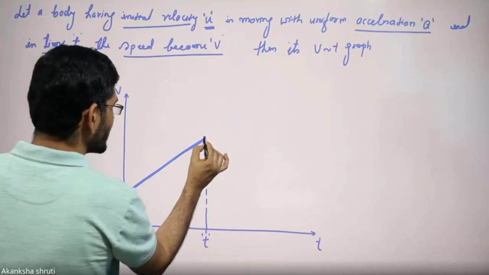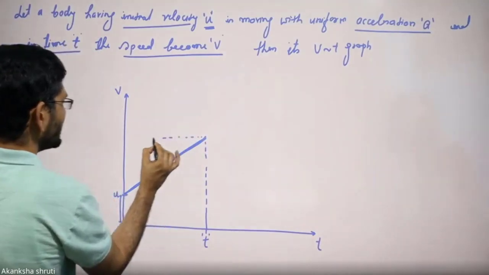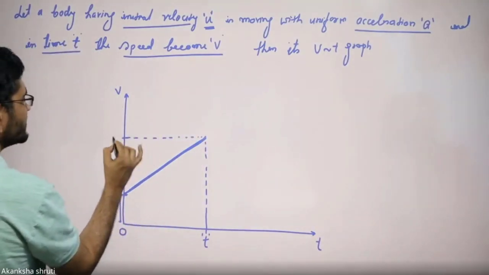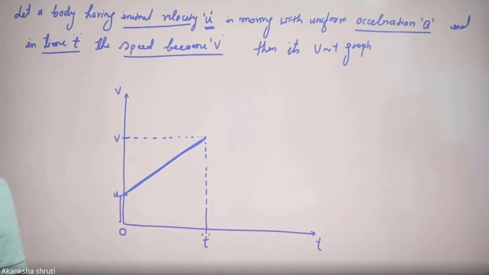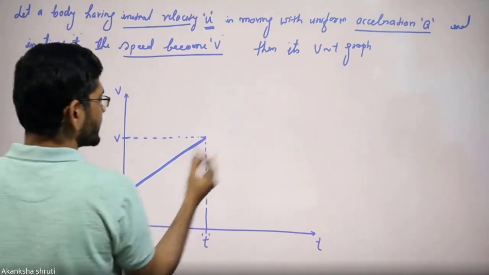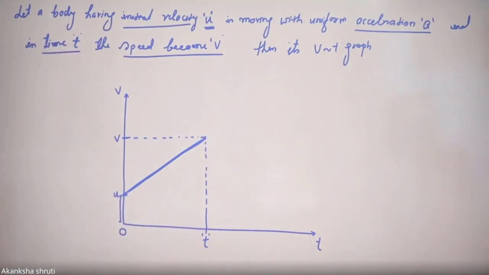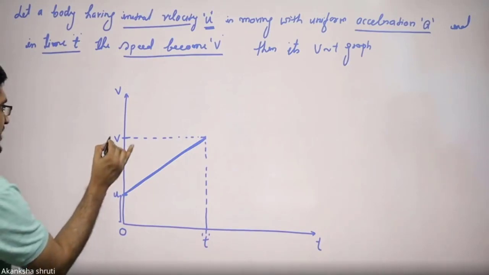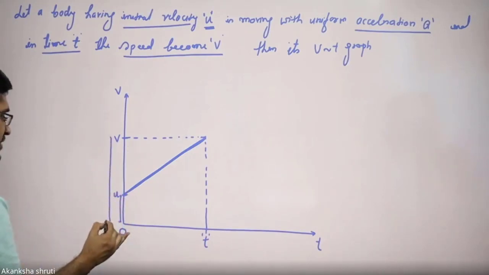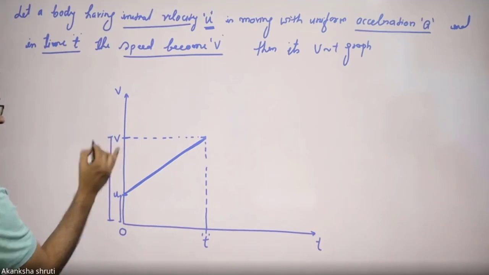So where is the v? v is this one. Okay students, it is this one. How much is the v? From this axis, from 0 to this point, it is our v.